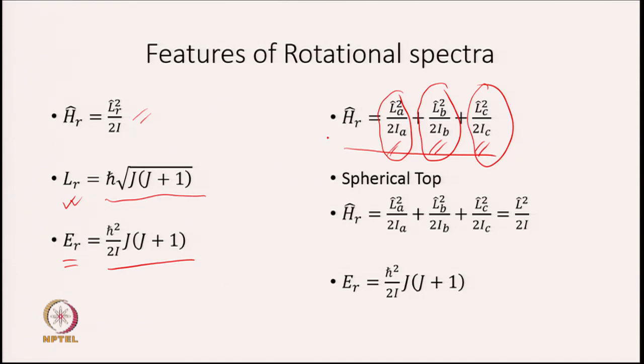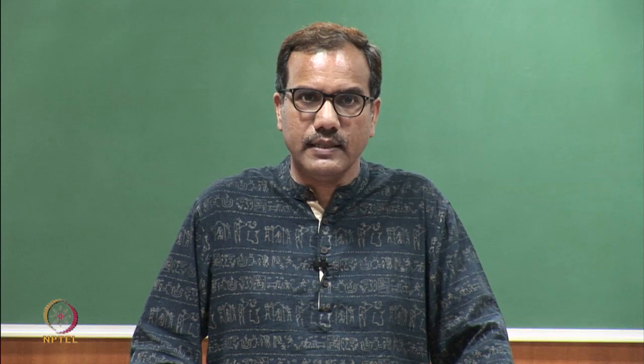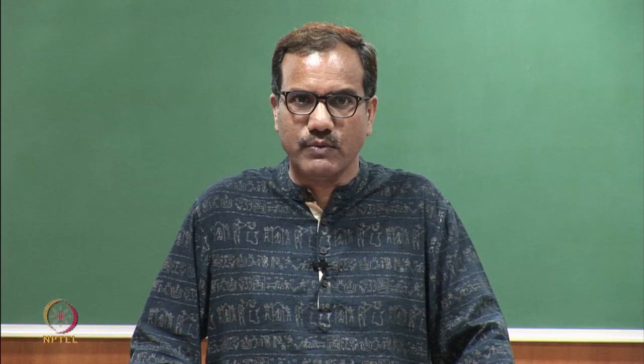For a spherical top, since IA is equal to IB is equal to IC, the Hamiltonian can be given just by the operator L square divided by 2I, and E_R is simply h bar square by 2I J(J plus 1). For a prolate symmetric top, IA is less than IB and IC, and IB and IC are equal.